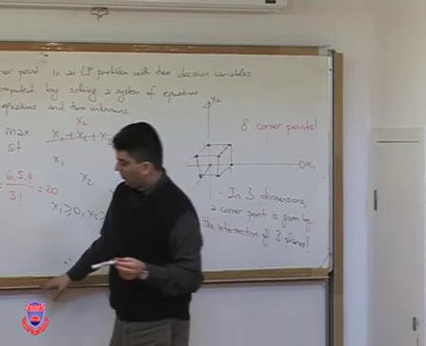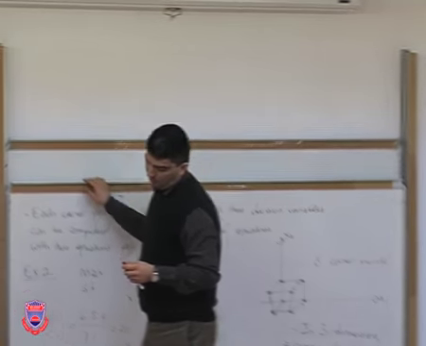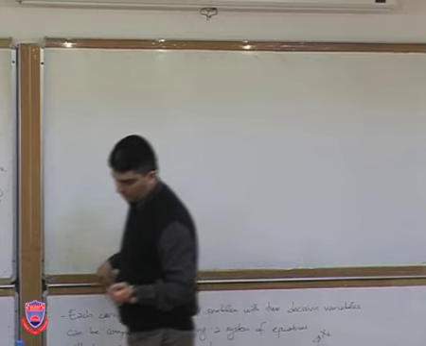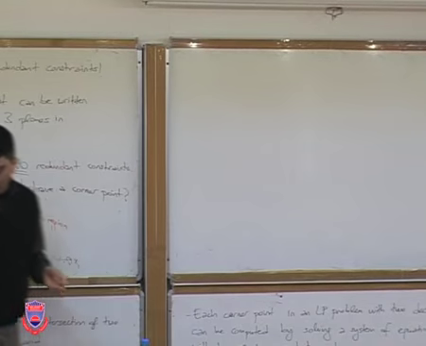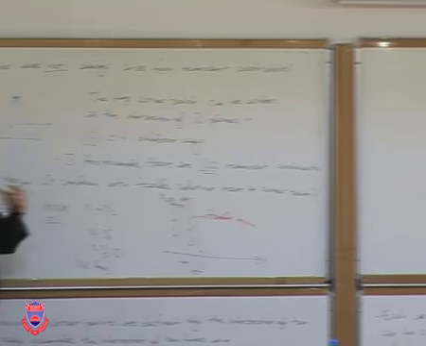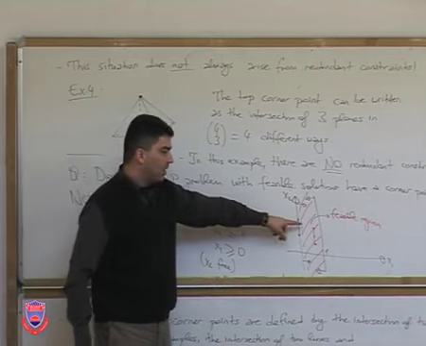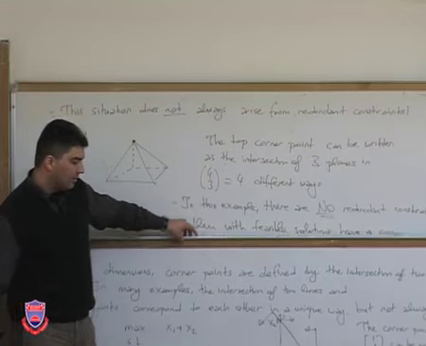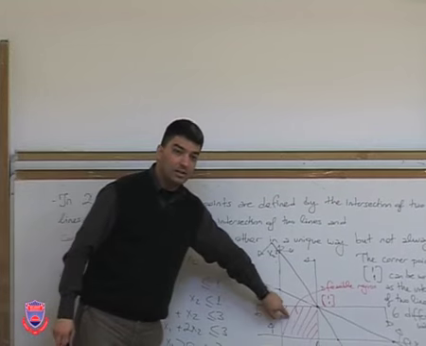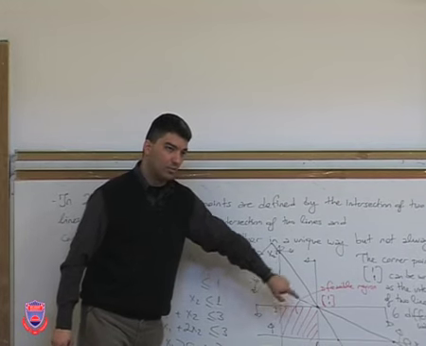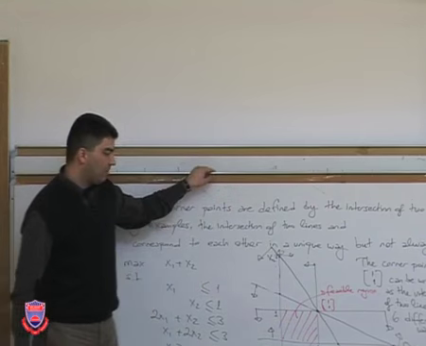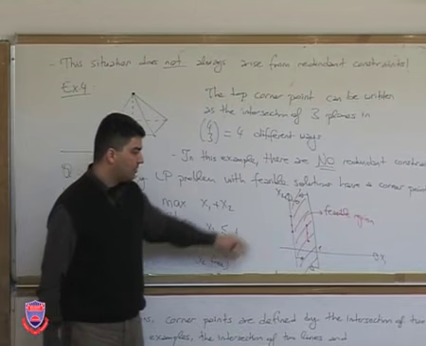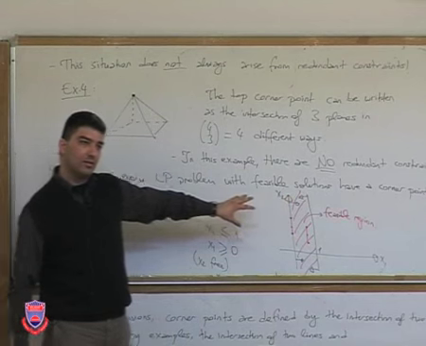However, now if you compare this feasible region with this one right here, this one does have corner points, whereas this one does not have any corner points.